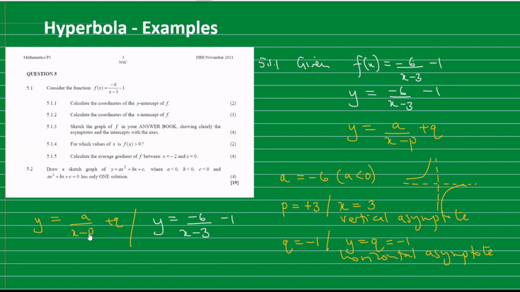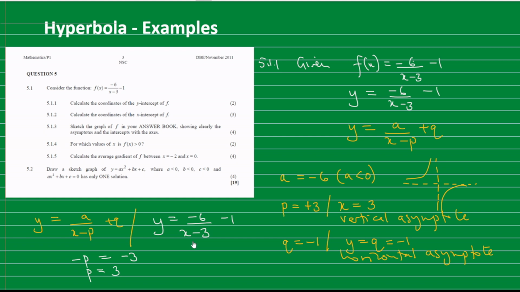So in actual fact, we are equating negative p to negative 3. When we divide, we find our p is equal to 3. So that's why we say p is 3.